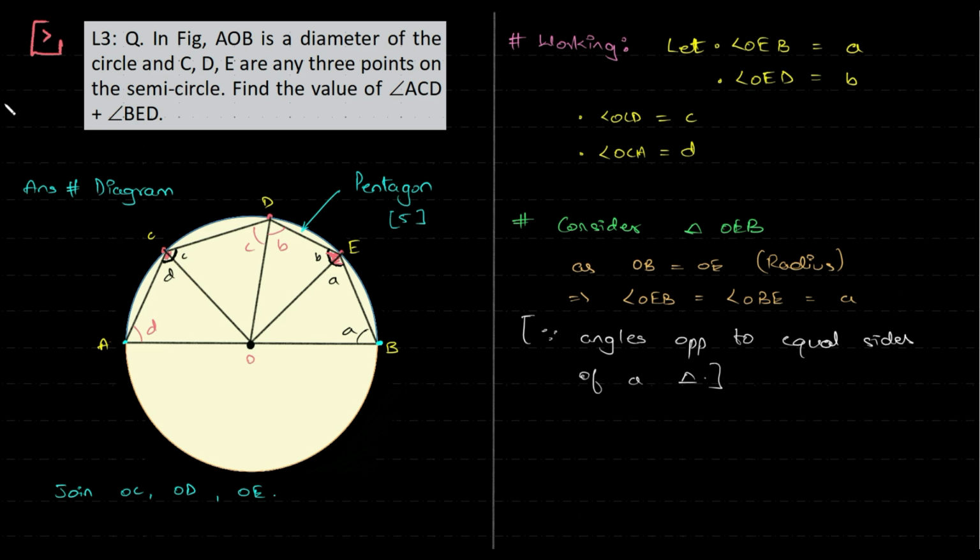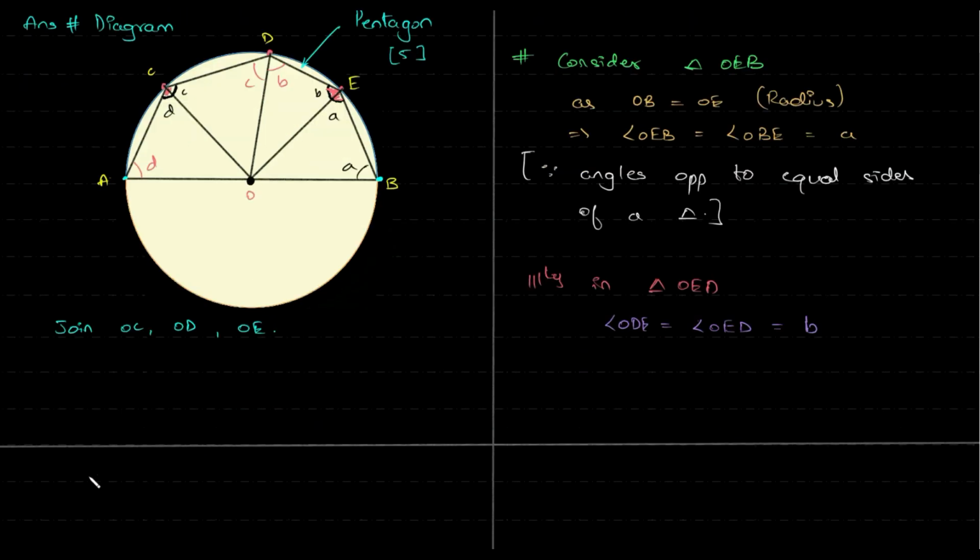Let's write that. Similarly, in triangle OED, the next neighboring angle, we have angle ODE equal to angle OED, both equal to B. Then we continue. The next triangle is OCD.